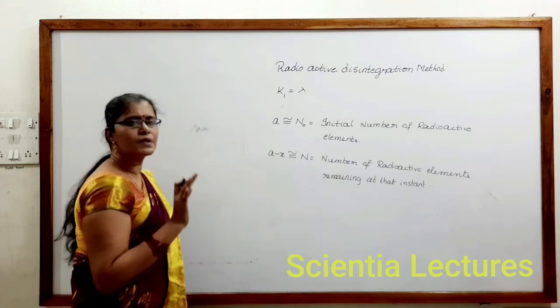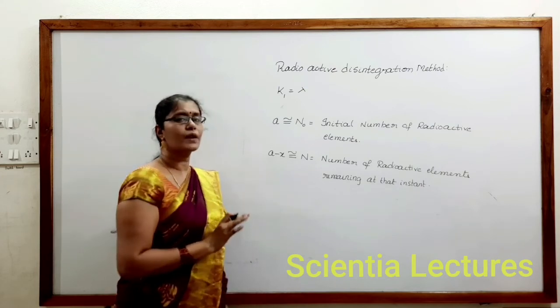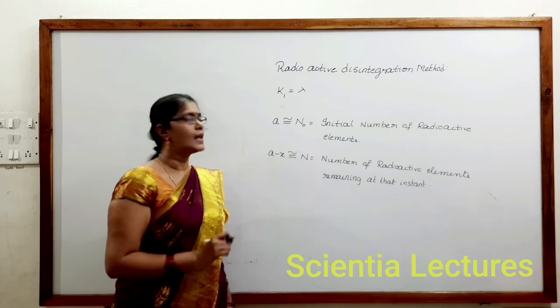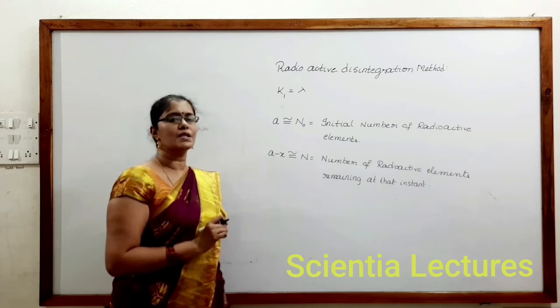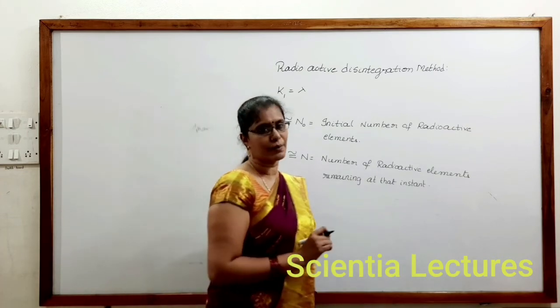All radioactive disintegrations are always first order reactions. So instead of K1, we use the radioactive disintegration constant lambda, and instead of A, the initial concentration, we use the initial number of radioactive elements.